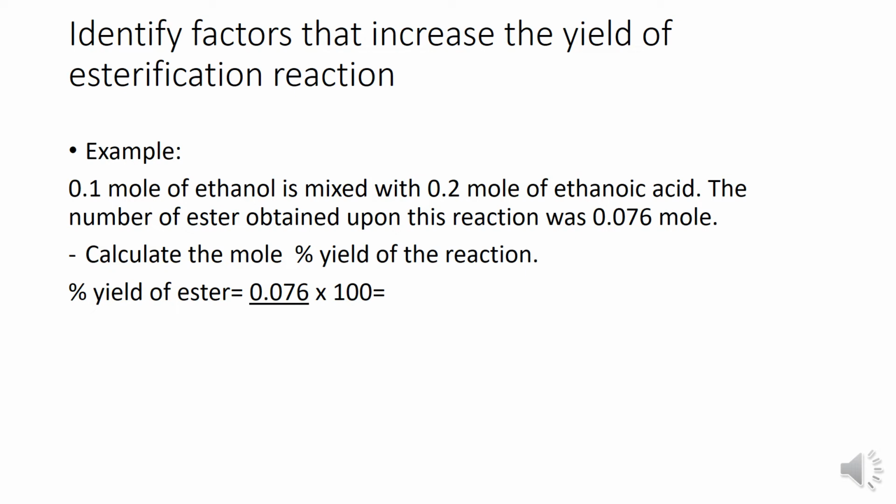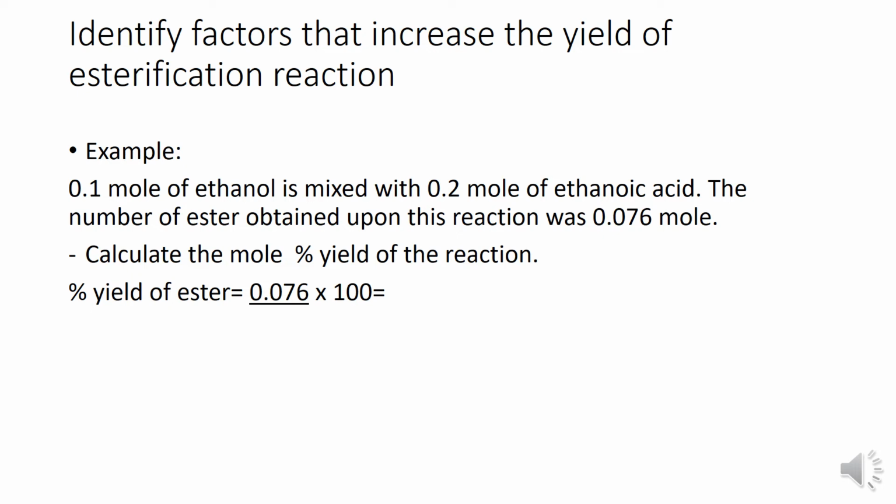What do we have to use here? The number of moles of ethanol or the number of moles of ethanoic acid to calculate the number of moles of the ester formed theoretically. Here we have to find the ratio of the two reactants. So the ratio of ethanol is 0.1 over 1. The ratio of ethanoic acid is 0.2 over 1.